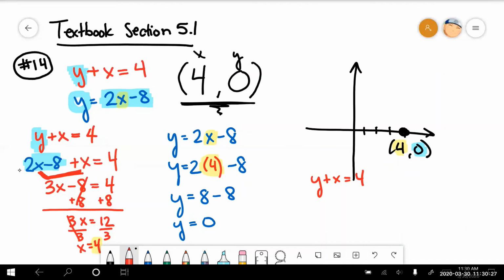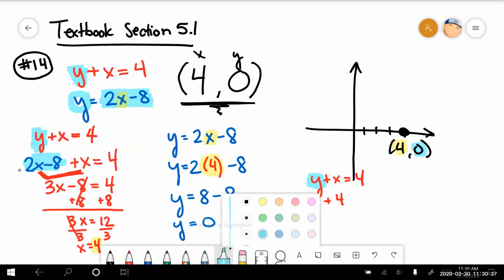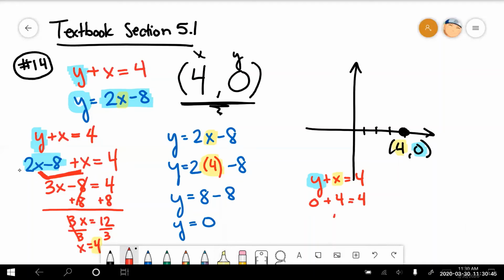I'm going to substitute my values. Y is 0, x is 4. Okay, and I'm just trying to make sure it's true, that it's the same on both sides, so that one's good. Okay, didn't make any mistakes there.